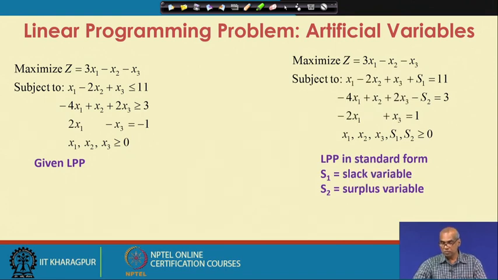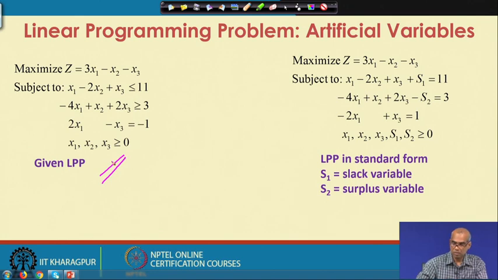So, first let us introduce the slack variables, surplus variables. The first constraint is a less or equal to type, so it needs a slack variable S 1. The second constraint is greater or equal to type, so it requires S 2 as surplus variable. So, after introduction of S 1 and S 2, my linear programming problem is in standard form.